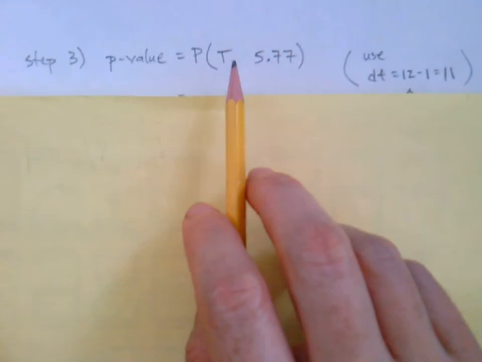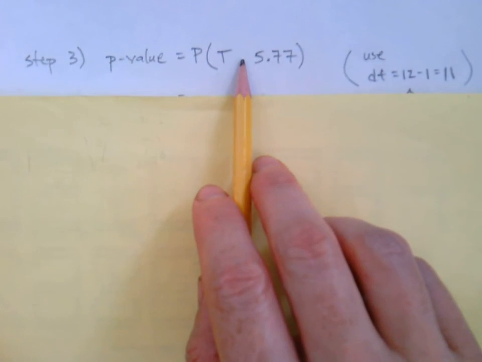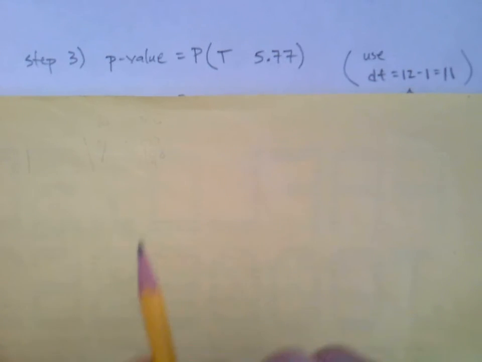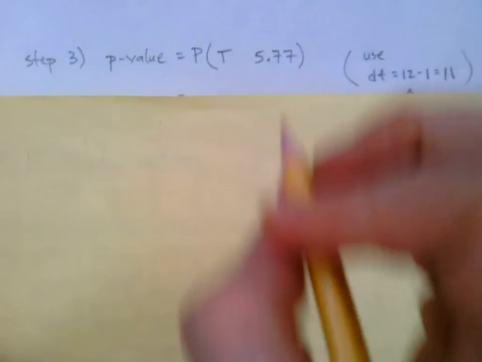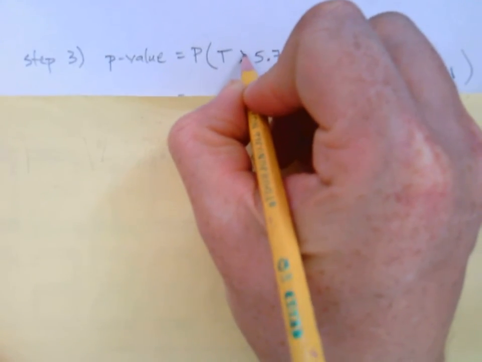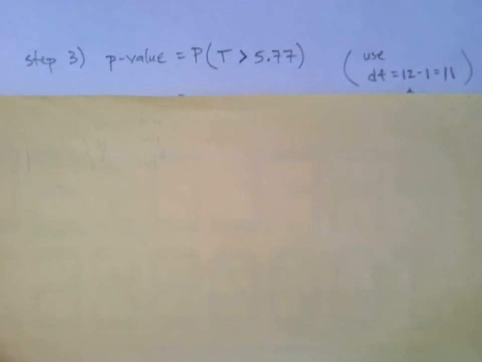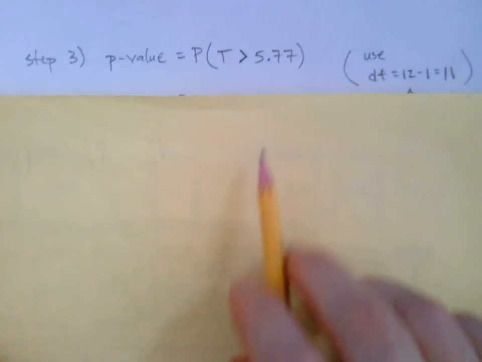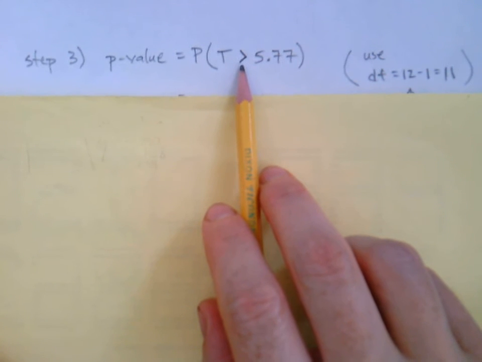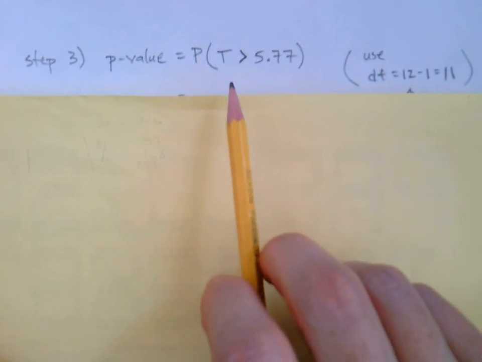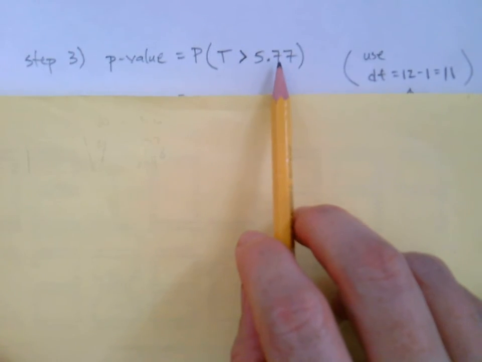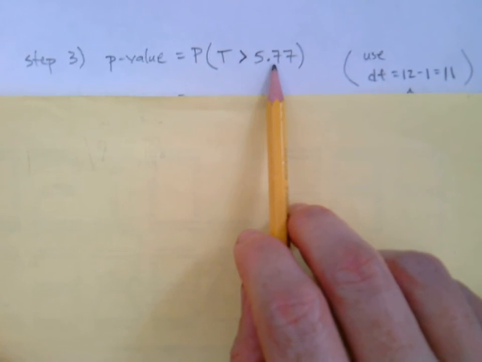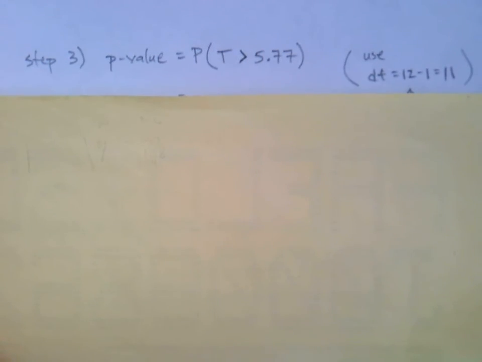5.77, a key moment. Do we pick greater than or less than here? Okay, remember it always matches the alternative hypothesis, which was a greater than. Another way to remember greater than, and this even works in the case where you get a not equal, if your test statistic is positive, you always pick a greater than.